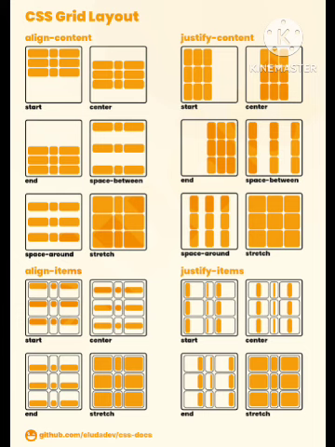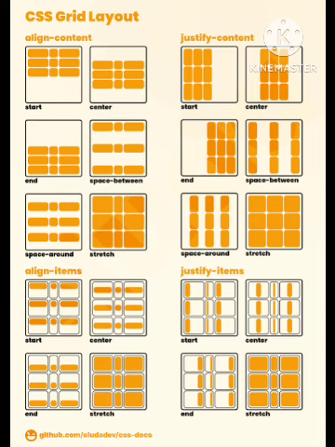So the first property we will be seeing in grid is grid template columns. Throughout this video we will have an example of 6 divs inside a container, which are respectively A, B, C, D, E and F. In grid template columns we will go through one by one. First, using units: grid template columns 200 pixel 200 pixel.